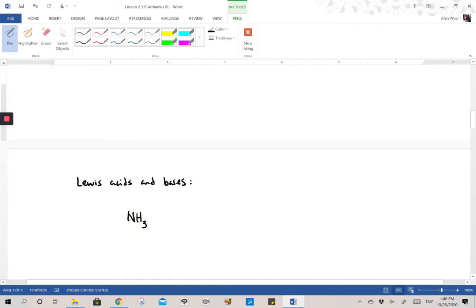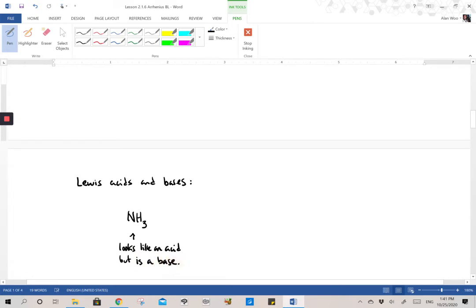is this guy here, NH3. When you look at NH3, it looks like an acid, because it has a whole bunch of hydrogens, but it does not behave like an acid and does not have the pH of an acid. So it is a base.